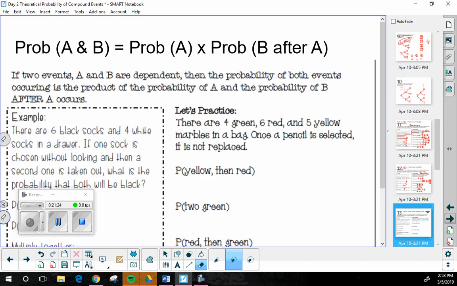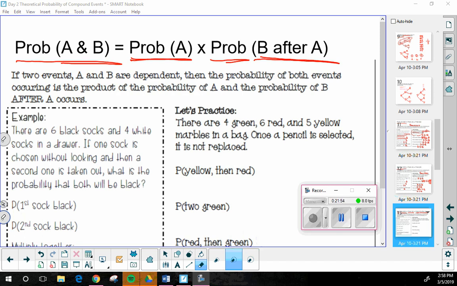The probability of the two events happening is still the probability of the first one happening multiplied by the probability of B after A has happened. When A happens, things change, and so it's the probability of B after A. I'm going to show you exactly what that looks like. The second one is dependent on the first one.